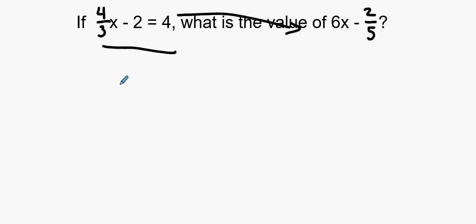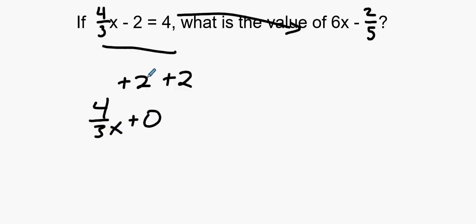First of all, add 2 to both sides so that I have 4/3 x plus 0, because that's what happens here, equaling 6, I think. This can more or less get dropped off. We don't need a plus 0.